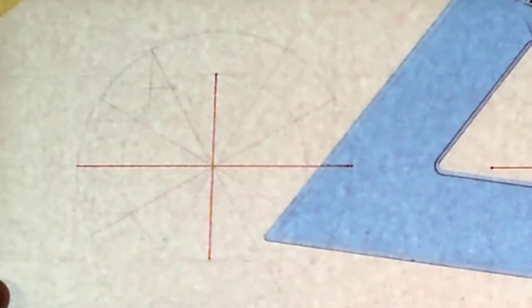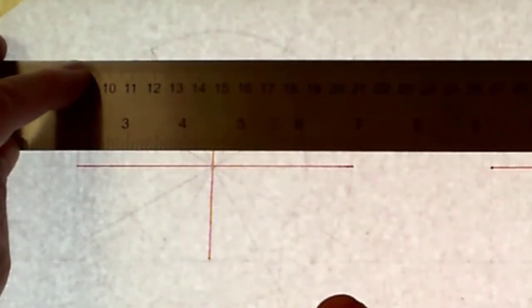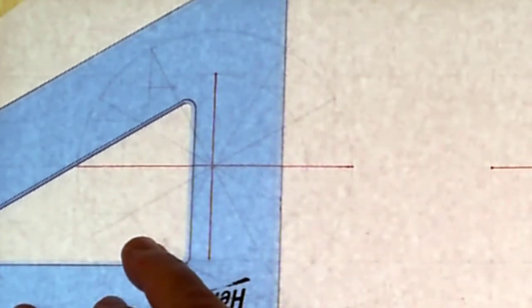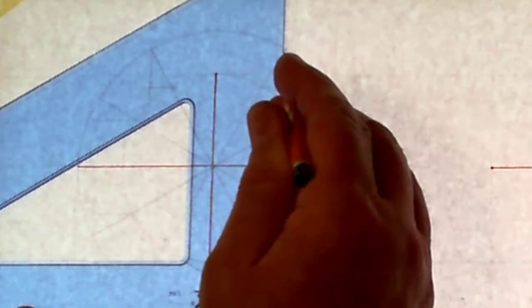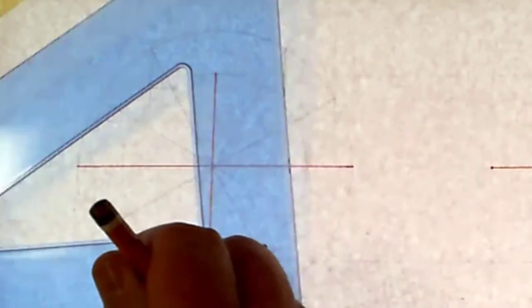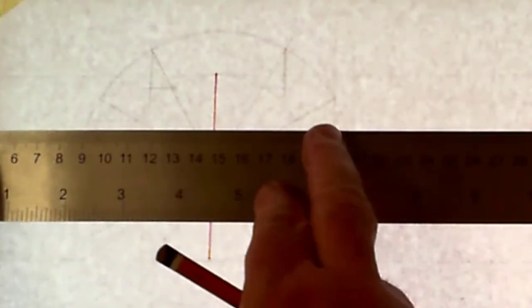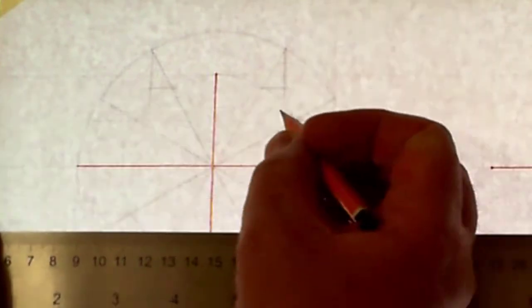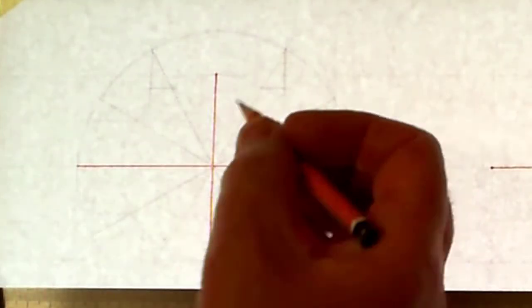Likewise, I do on the other side. I bring the 60 degree line down, and the point out to meet it, where the 60 degree line hits the inner circle.